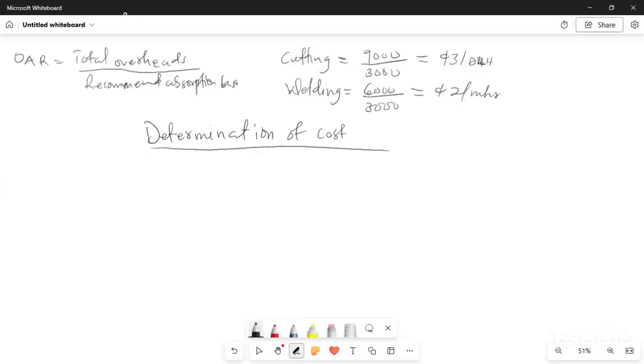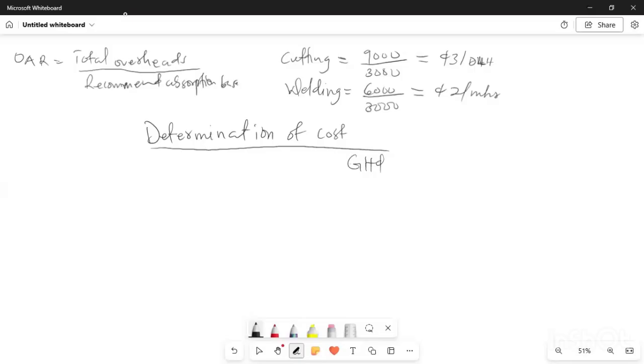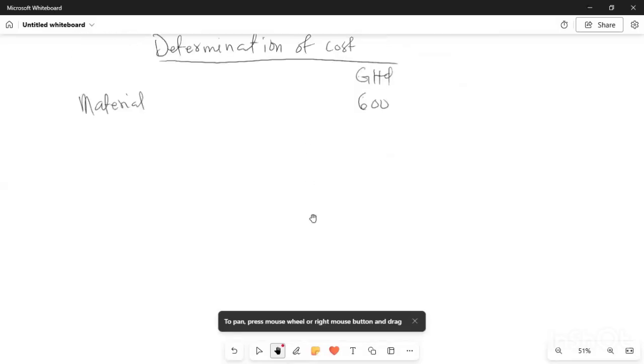The question says the material used for the job is 600 Ghana cedis. So we write material used. Job costing is very easy, it's not difficult.